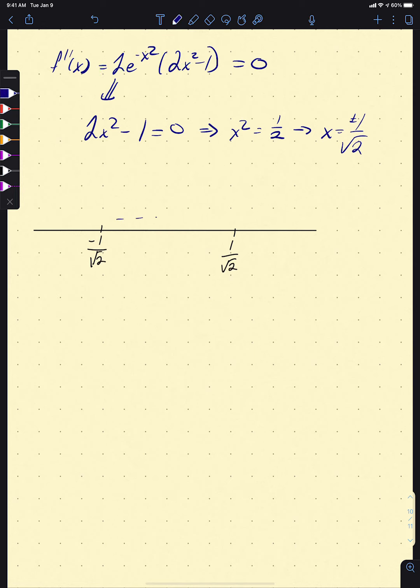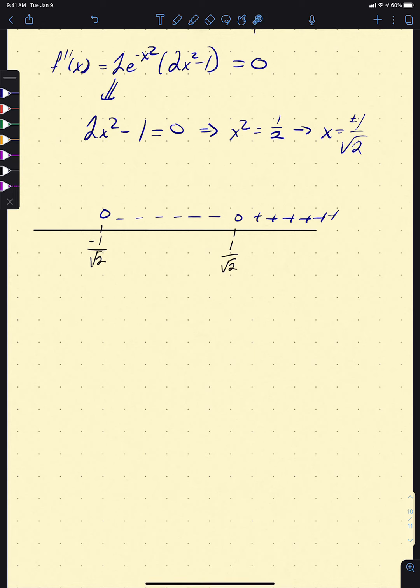And then it would seem the easiest things to choose for here and here would be to just choose 1. As we said, if we choose 1, this guy's always positive, and then this one is going to be 2 times 1 squared minus 1, so also positive. And a positive times a positive is a positive.